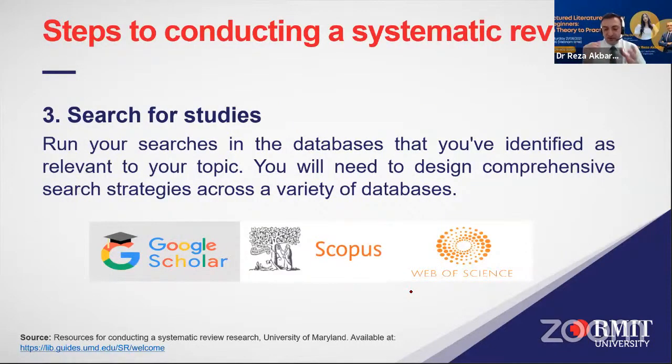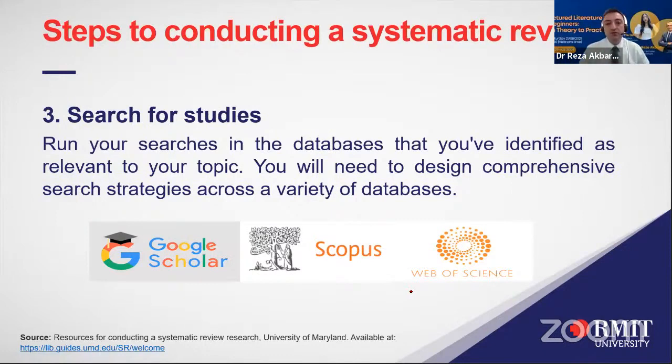Now, you identify the question, you identify all those steps. We need to identify which databases we are focusing on. We cannot just simply eliminate a database. As a reviewer, for example, I'm one of the editors of journals and a reviewer of many journals.